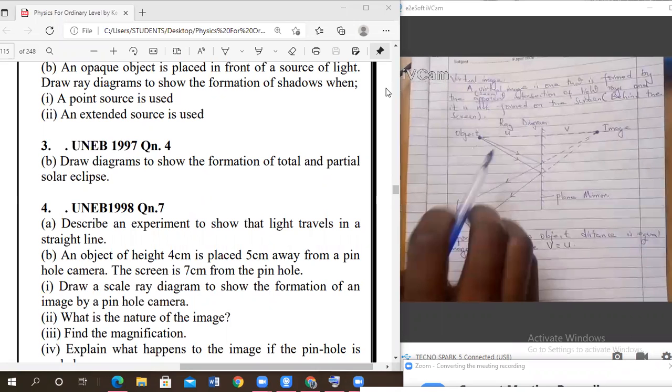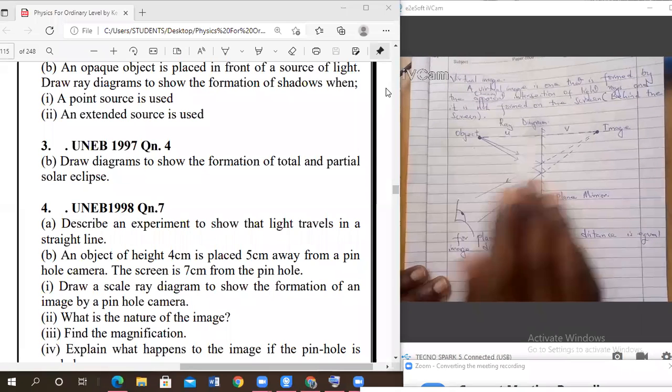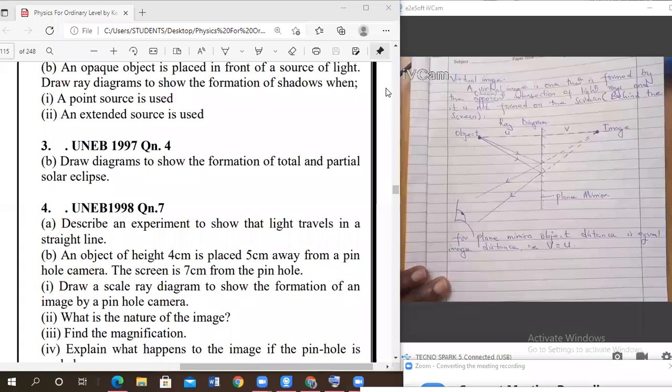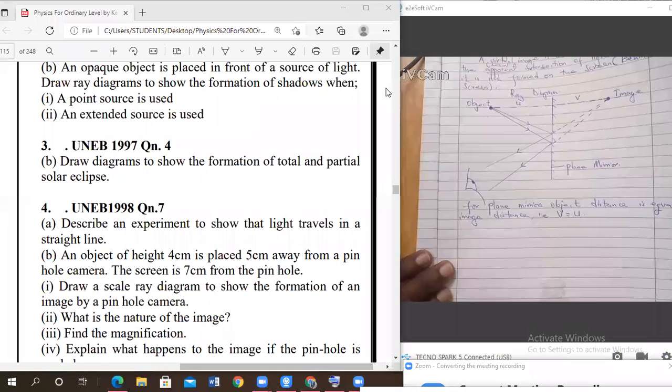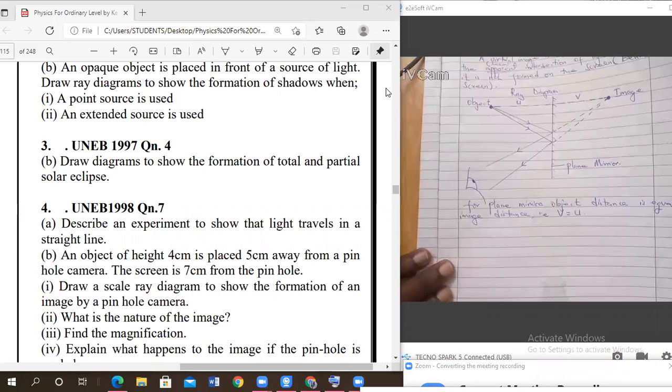So if the object distance is equal to the image distance, the magnification for a plane mirror is 1. That's no change.